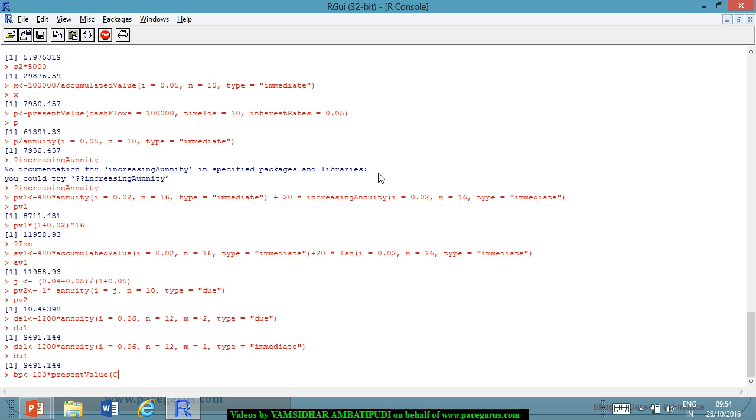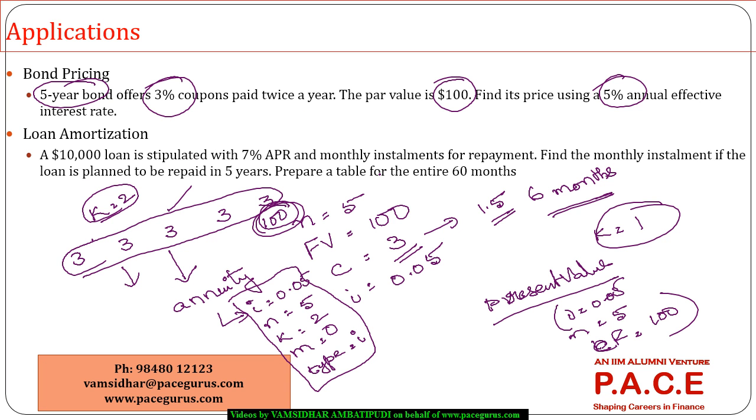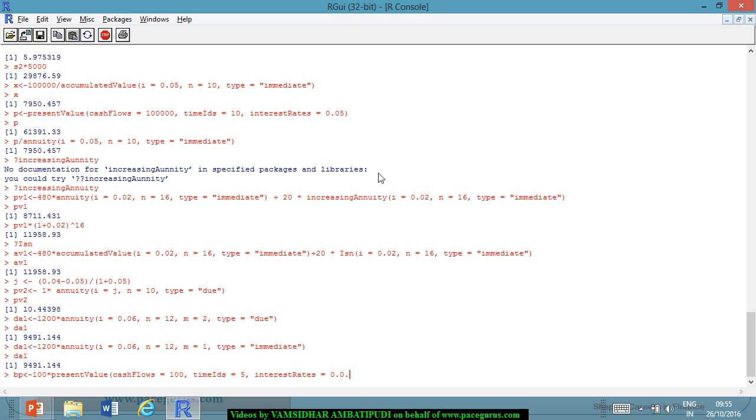The cash flows, I have to give cash flow equal to 100 as a single value, times, I can give it as after 5 years, and I have to give the interest rate equal to, what is the interest rate? 5%, 0.05. So based on this, I'll get the present value of this 100. Along with that, I'll take the annuity also.